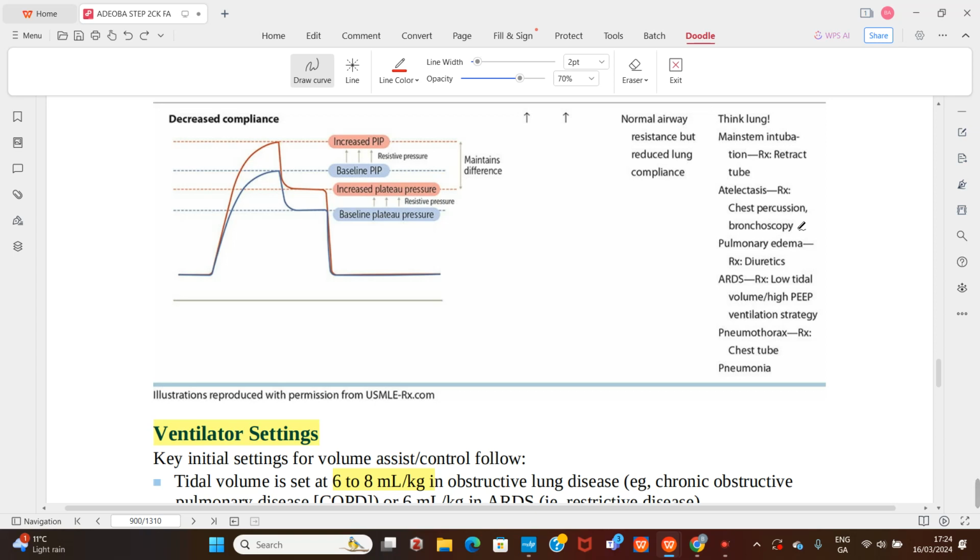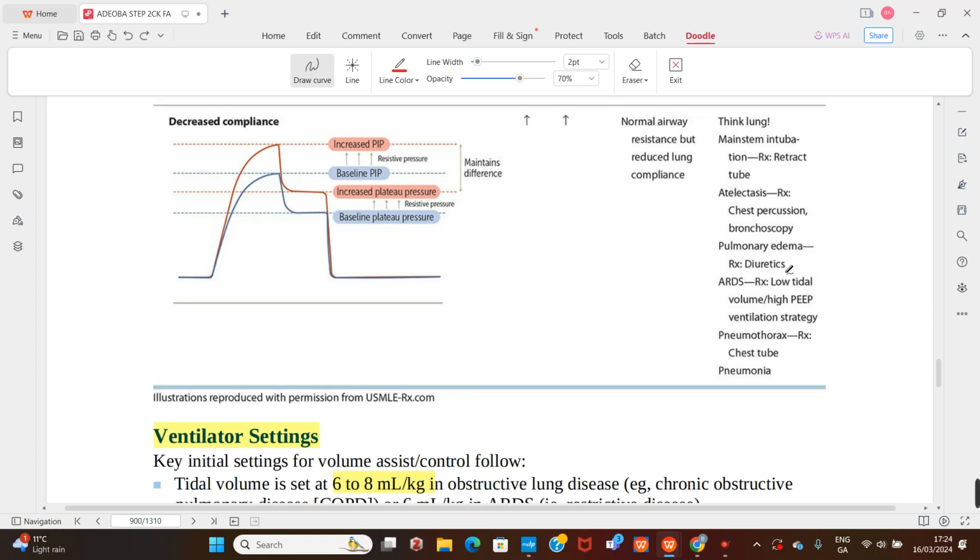But for the last one, adhesive, you're going to give surfactant. Then pulmonary edema, you give diuretics, take out the fluid.